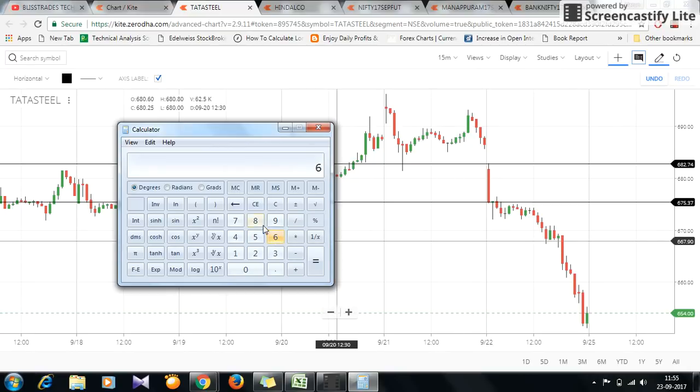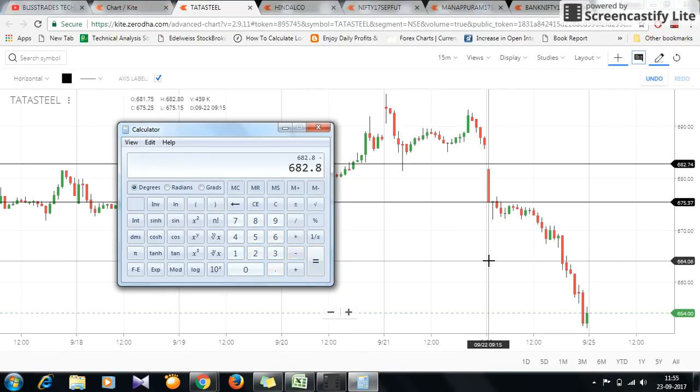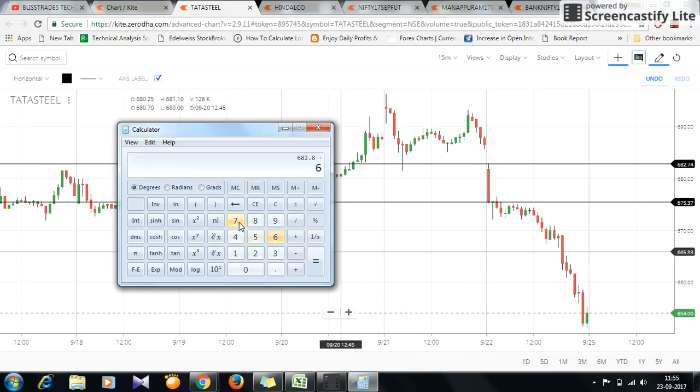So 682.80 minus 675.15, 7.65 is my risk. Now, how do I position size here? Imagine I have a capital of 1 lakh.